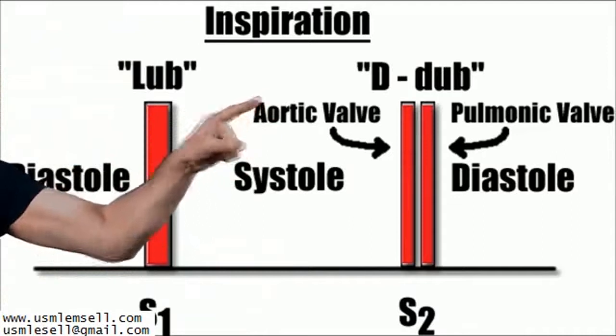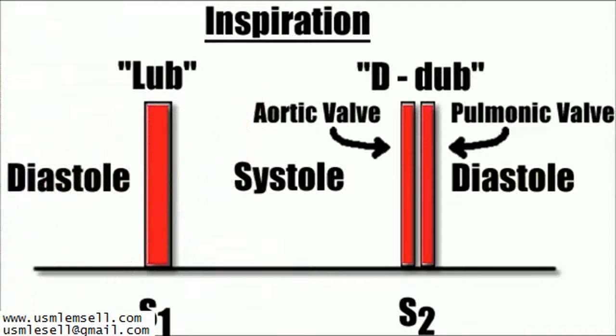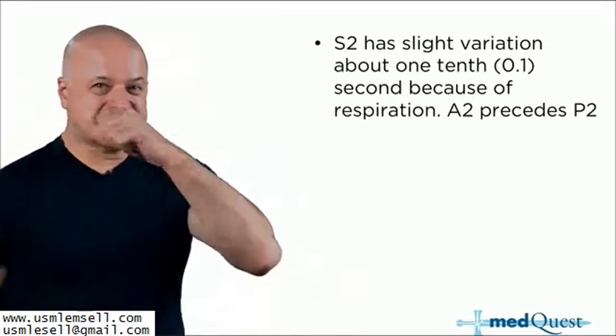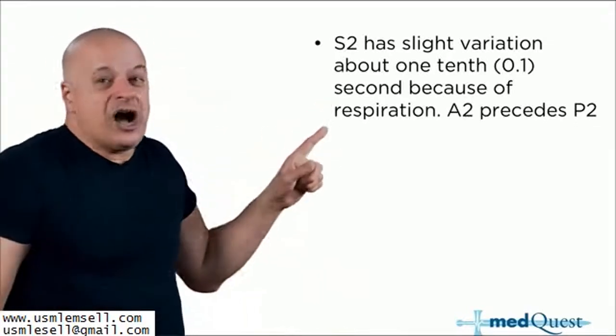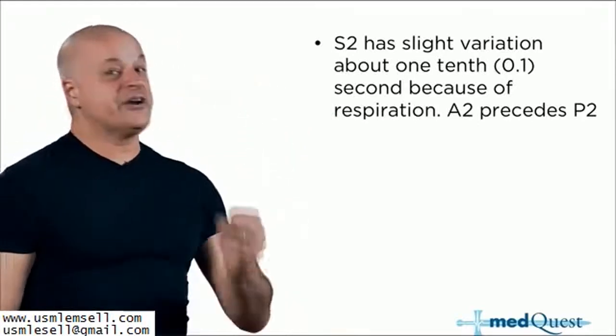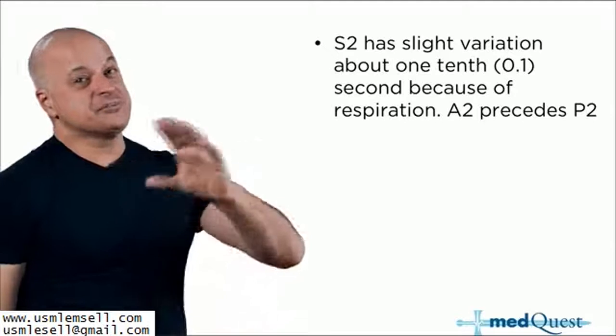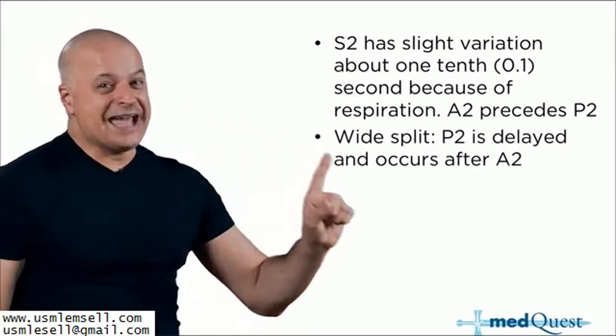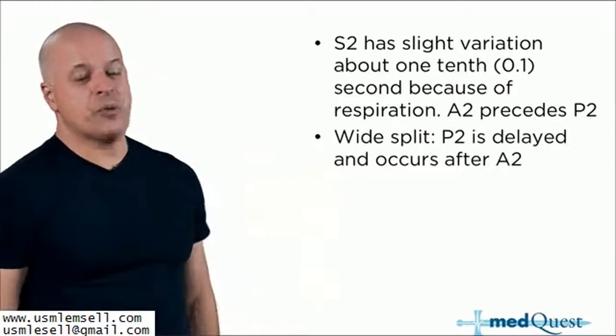The aortic goes first because of pressure, extra pressure. Because what pushes valves closed? Pressure. Which one has a higher pressure? Aortic. So the S2 has a slight variation, a tenth of a second, where the A2 precedes the P2. Very close, because there's a little difference in pressure, which is exaggerated by wide splitting.